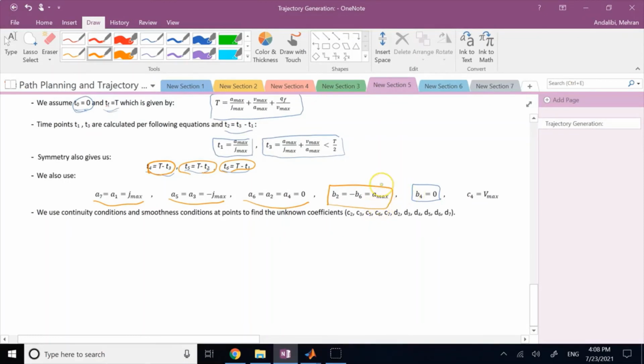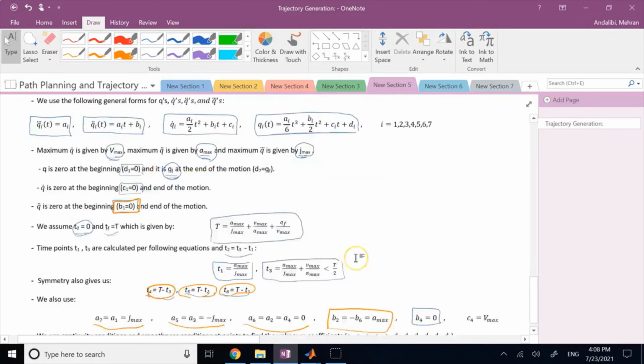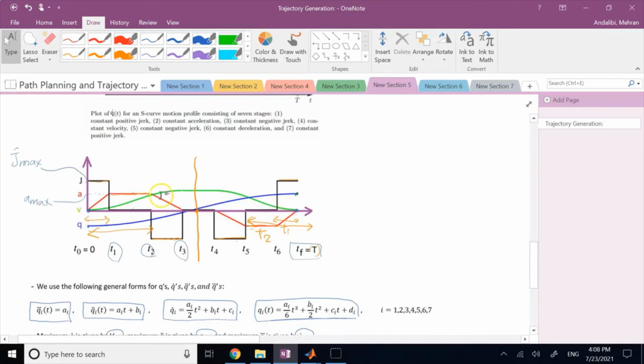So if you can see, you have 4 of your B's, correct? Your C4 is also the velocity in the center part, and that is your Vmax, correct? So we know that one as well. So if we project that here, this guy is also Vmax, right?